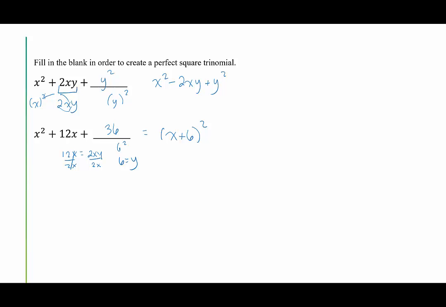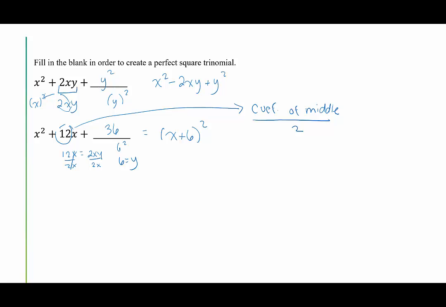Now, a shortcut, rather than setting up this little equation every time, which you're welcome to do, is to get that third term this way. We're going to ignore the x, because the x is usually a result of the first term. Take the coefficient of the middle term, I'll say coef of middle term, and divide it by 2.